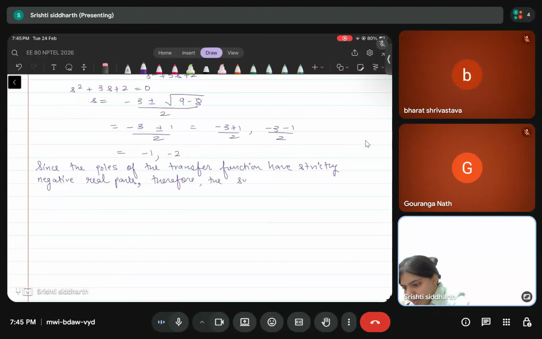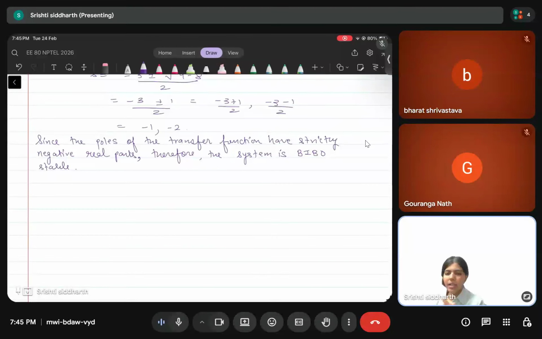The system is BIBO stable. So note that if you had the same A but different B and C, then the answer could be different, right? The transfer function could have poles with positive or zero real part, in which case the system would not be BIBO stable.